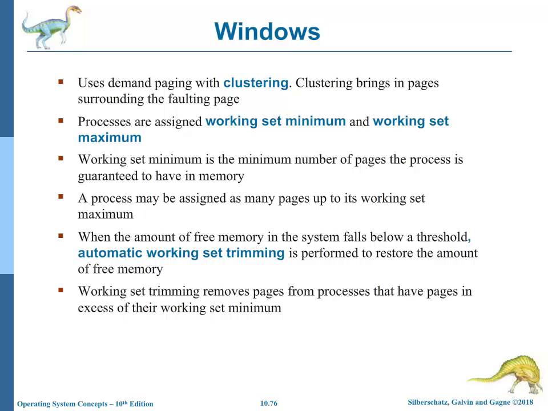Also, when free memory is below threshold, the operating system will take frames away from processes that have more than their working set minimum and put them on the free list. If necessary to replenish memory availability, Windows 10 will take frames away from processes that are at or below their working set minimum.